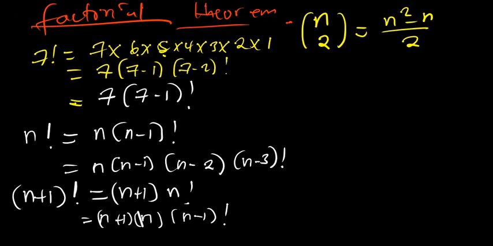So n choose 2 will be n factorial divided by n minus 2 factorial times 2 factorial. Simple as that. Now you need to look at the bottom part. I only have 2. I need to find a way to manipulate the numerator so that n minus 2 factorial cancels out.